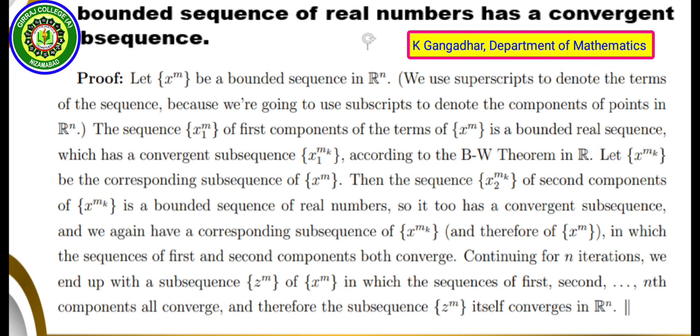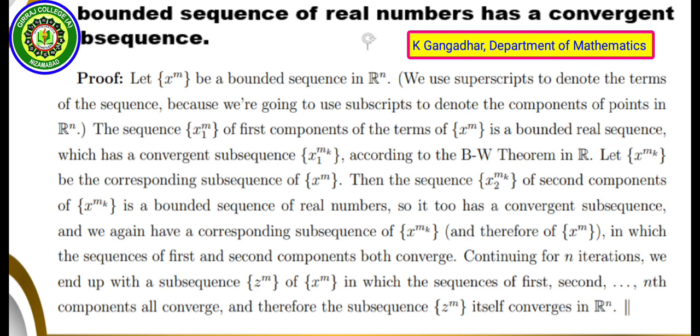Now let x^mk be the corresponding subsequence of the sequence x^m. Then the sequence x2^mk, the second component of x^mk, is also a bounded sequence of real numbers.